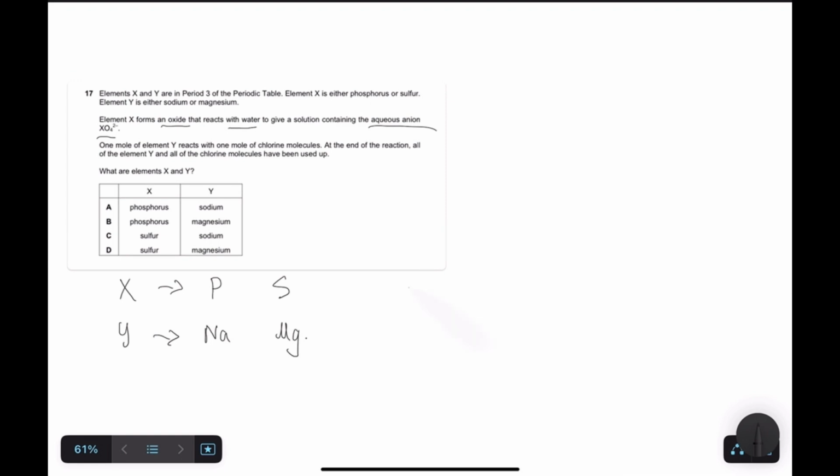For phosphorus oxide, P4O10 reacts with water to form H3PO4, and if we balance it, it will be like this. The PO4 ion's oxidation state is 3-.